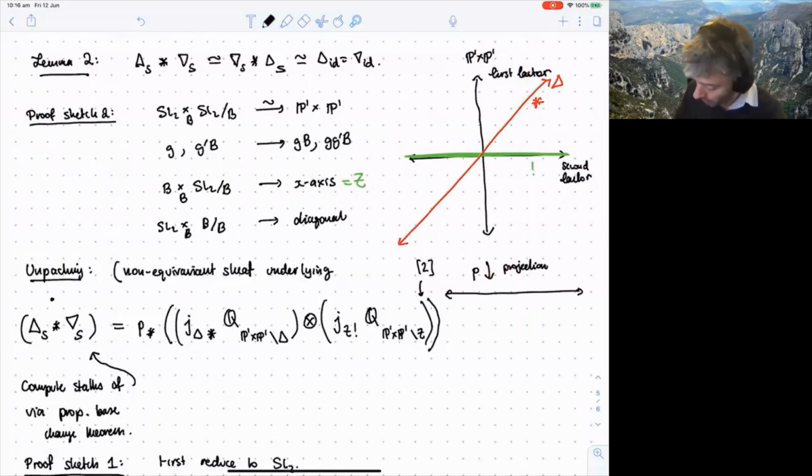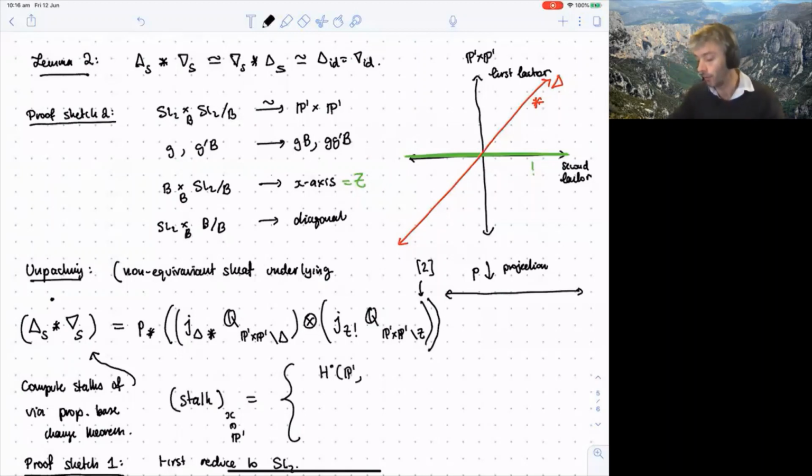So the stalk at some point X in P1 is the cohomology of P1 with values in this thing that has, with what I was calling at the very beginning, J0 shriek, J X star.